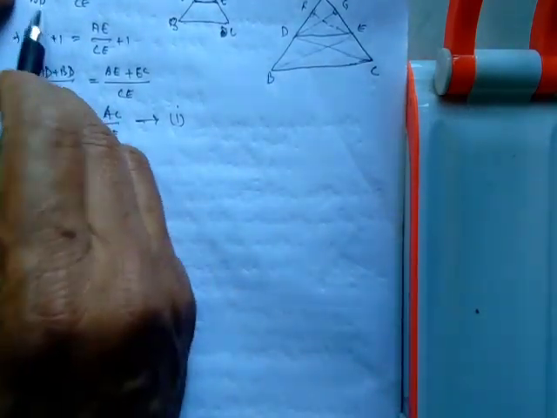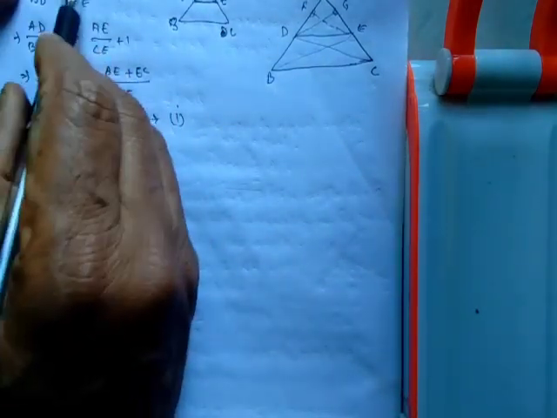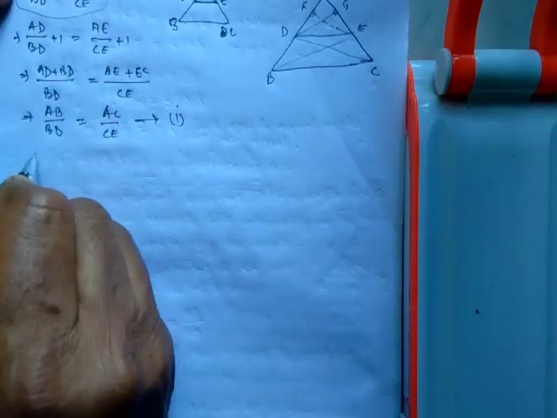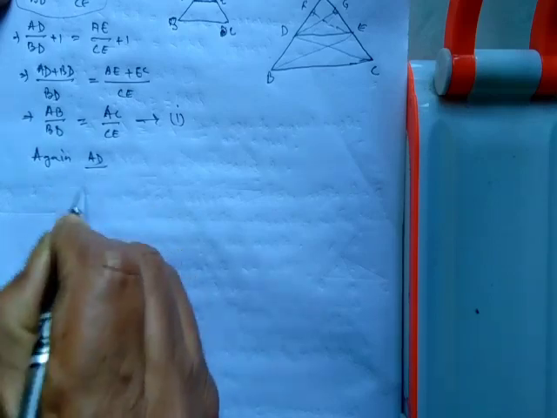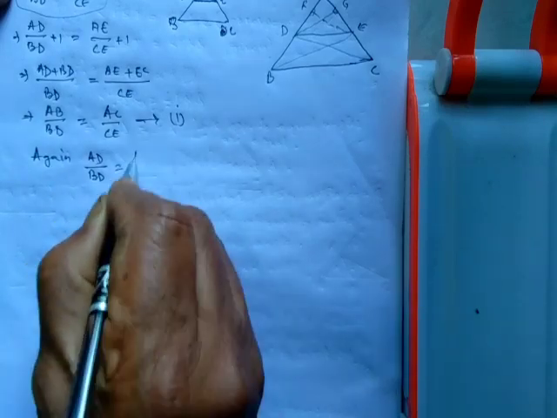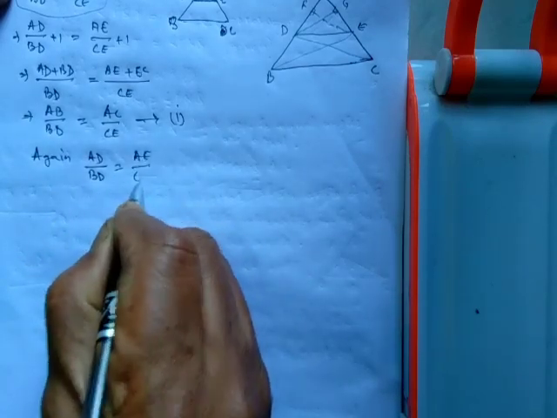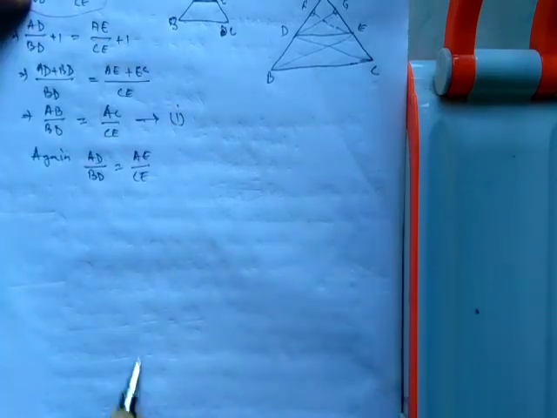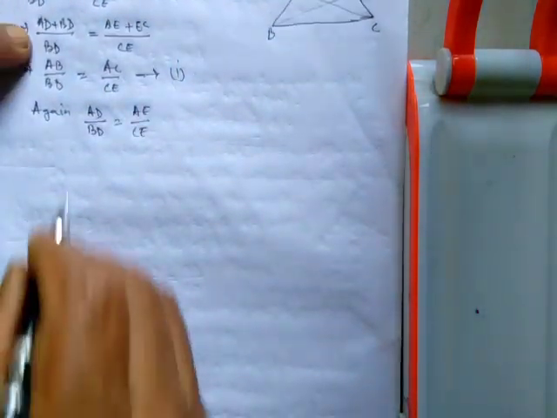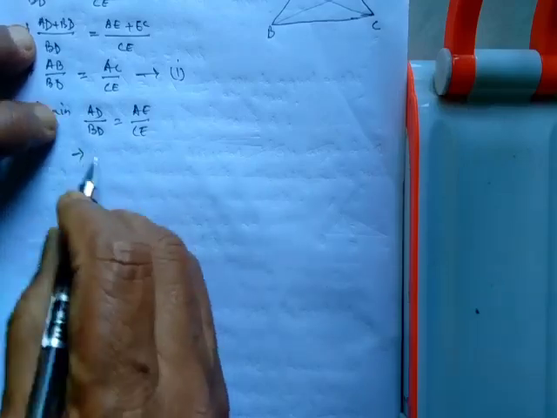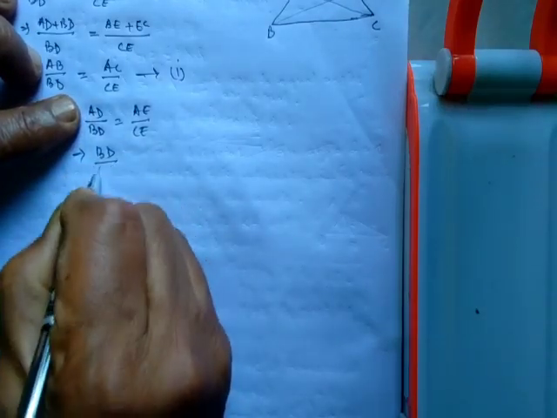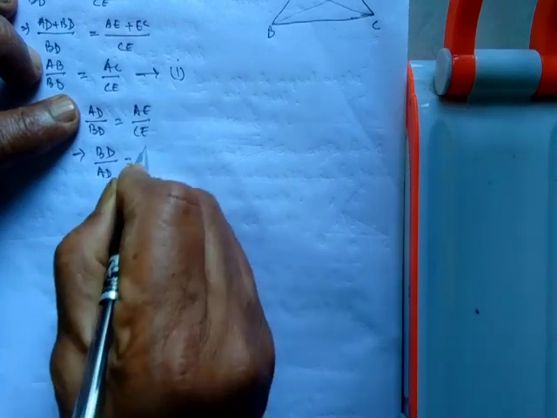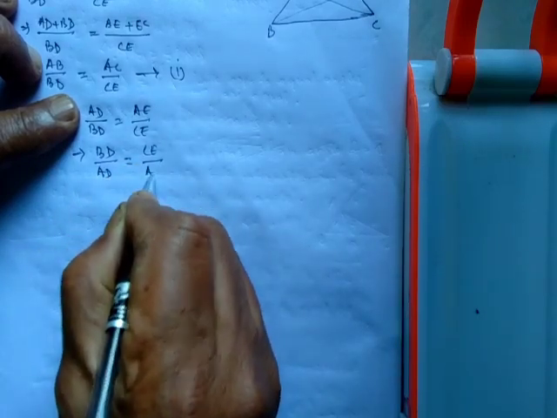Again, I am taking the same theorem, AD by BD is equal to AE by CE. Next, I will just invert it: BD by AD is equal to CE by AE.